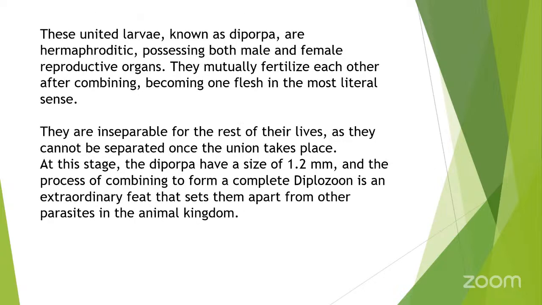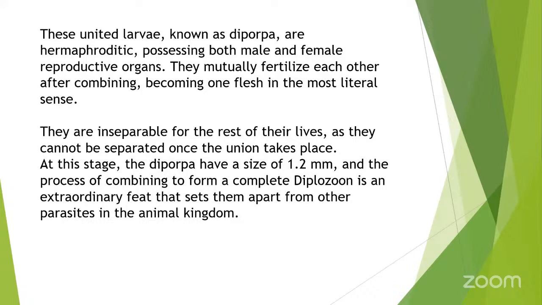These united larvae, known as diporpa, are hermaphroditic, possessing both male and female reproductive organs. They mutually fertilize each other after combining, becoming one flesh in the most literal sense. They are inseparable for the rest of their lives, as they cannot be separated once the union takes place.